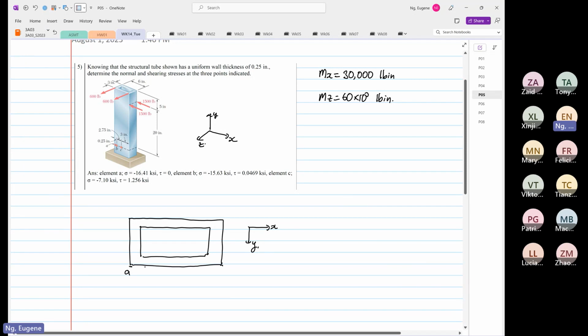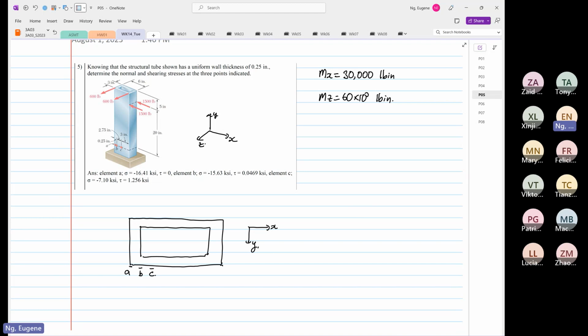Element B has a certain distance. Element C has a certain distance. Okay. So we look at the normal stress first.